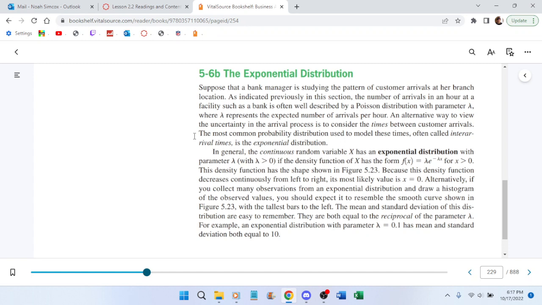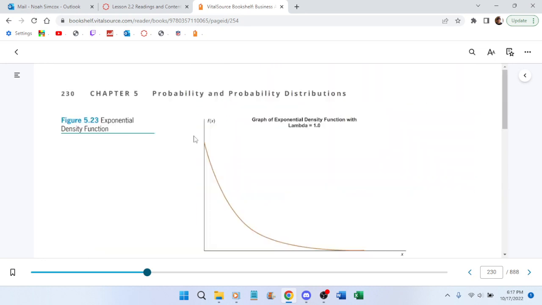And the times e to the negative lambda x. Oh, that's awesome. How much of this stuff do I have to memorize?